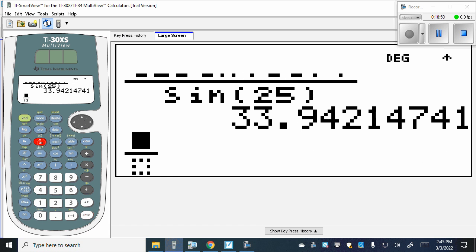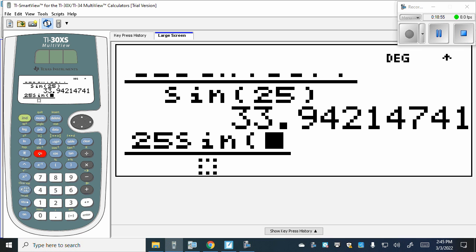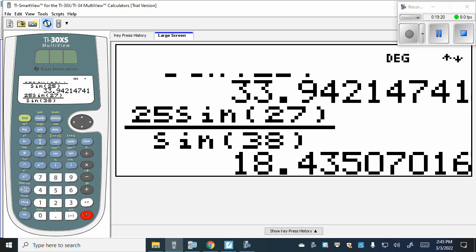So we can type it in as 25 sine of, I'll grab a note sheet. Just trying to remember these. Of 27 over sine of 38.